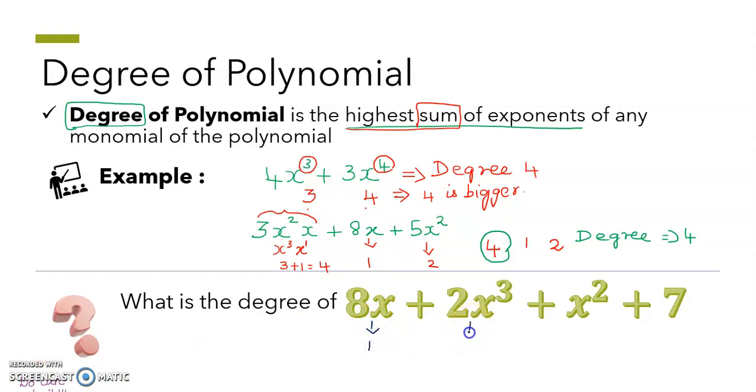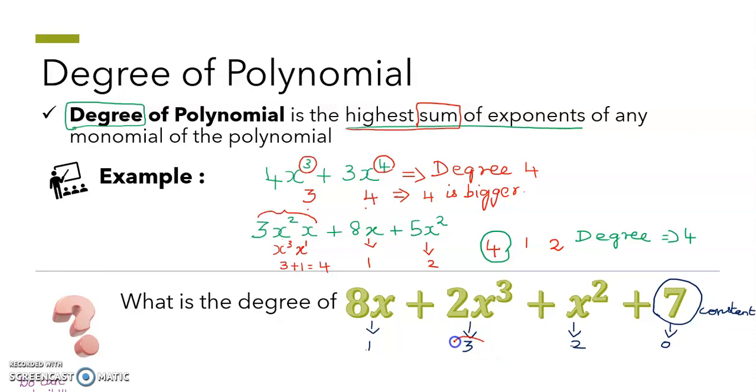The second one has a degree of 3. The third one has a degree of 2. Here the degree is 0 because it is a constant. 7 is a constant because it has no variable associated with it. Now among 1, 3, 2 and 0, which is bigger?